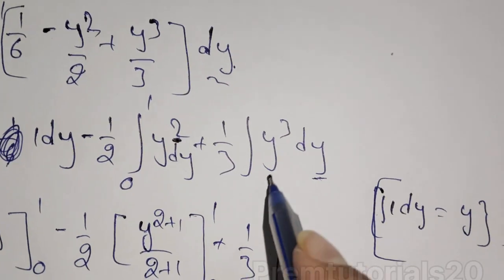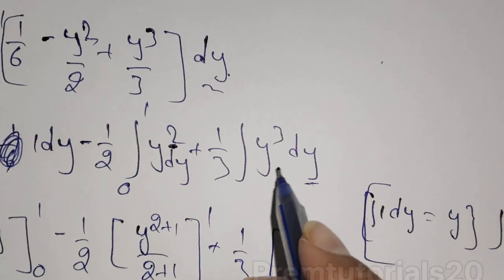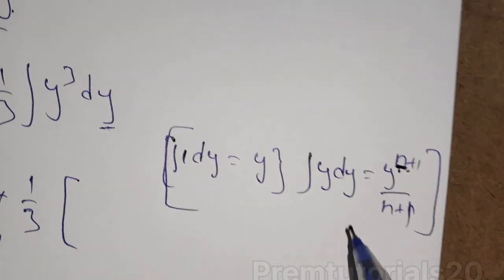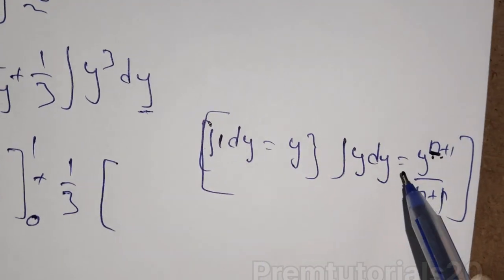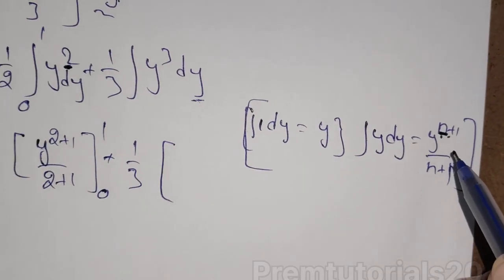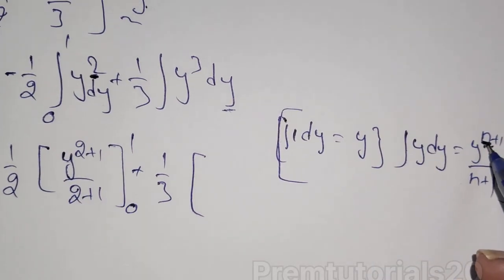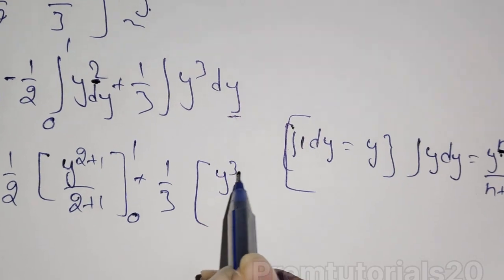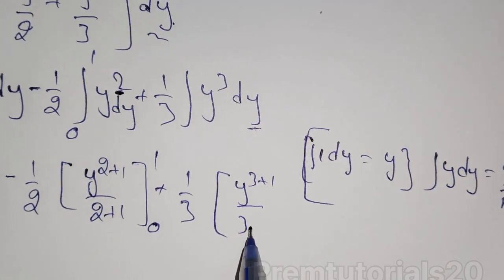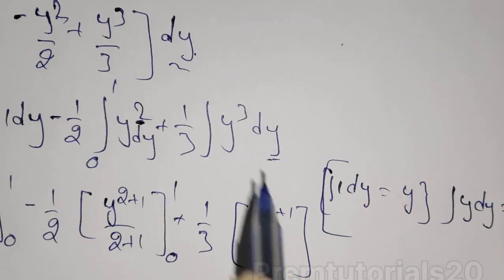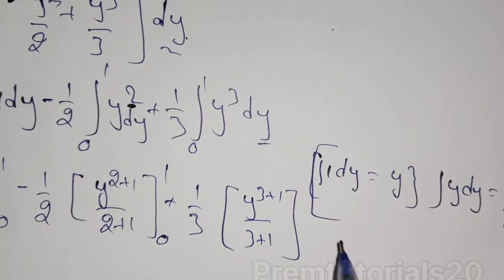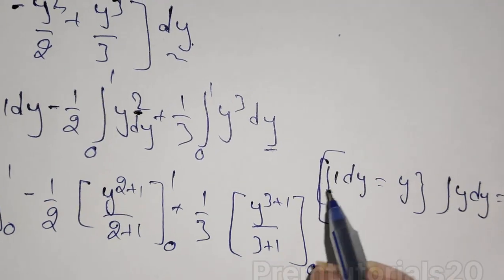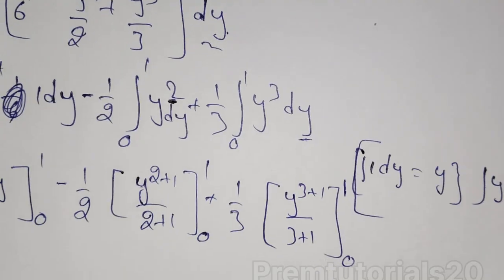And what is the value of y cube? Integral y cube into dy. What is the general formula of y into dy? Equal to y to the power of n plus 1 by n plus 1. In the place of n we replace with 3. What we get? y to the power of 3 plus 1 by 3 plus 1, between the limits, don't forget to mention limits, these are the boundaries 0 to 1.